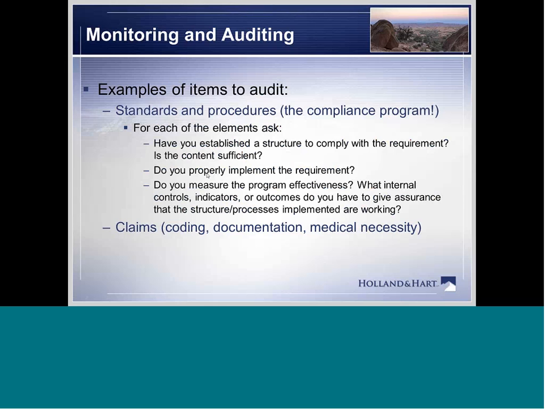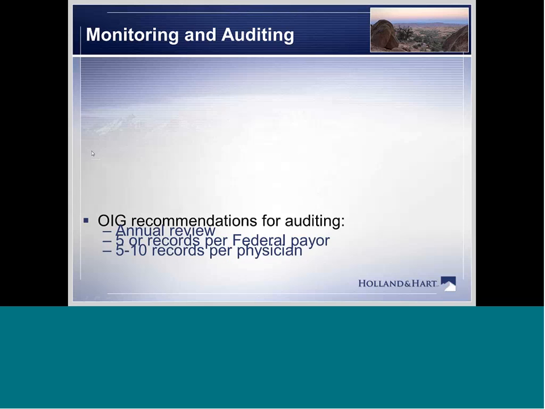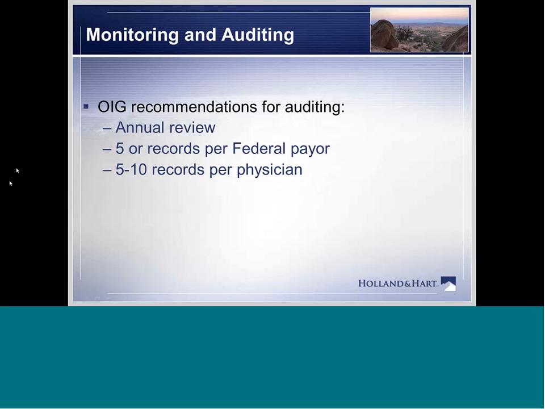Things then to audit would be things like standards and procedures. So make sure that in each of your standards and procedures you're properly implementing the requirement, for example. Claims are another definite area that is very frequently a subject of audit. OIG recommends an annual review, auditing 5 or more records per federal payer, and 5 to 10 records per physician.